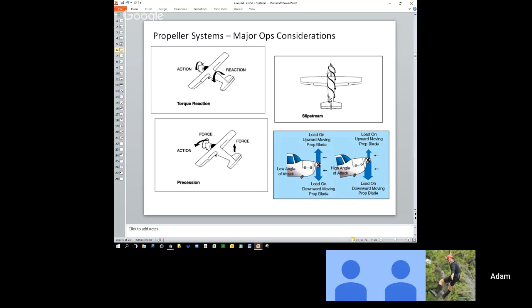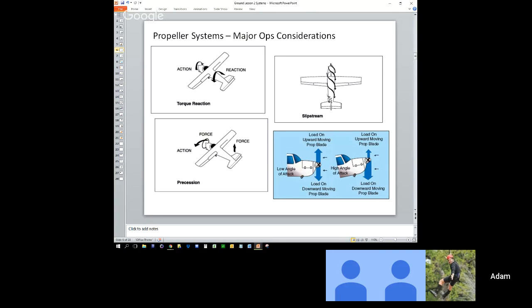Precession. How well do you guys know gyroscopes? I'm familiar with what they are. Yeah. I'll send out a link after class because this is ripe for a YouTube video. A gyroscope is a spinning wheel in its simplest form, and when you push on one of the rims, it wants to turn 90 degrees.